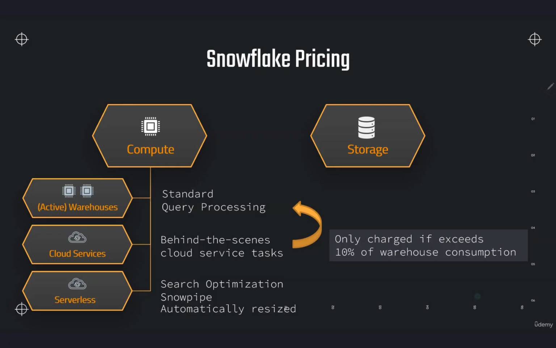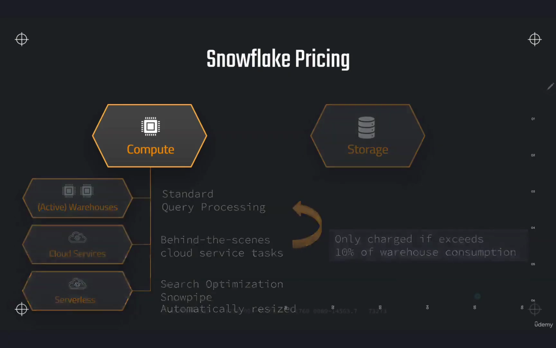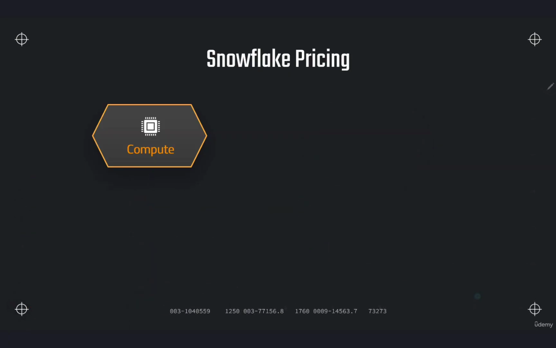But now let's dive deeper into the main cost, which are our active warehouses. Here, we are charged for the active warehouses per time. We get a price tag per hour, but this is actually billed per second. So if we only use 30 minutes, we are also only paying for 30 minutes, with always a minimum of 1 minute when we start a warehouse.